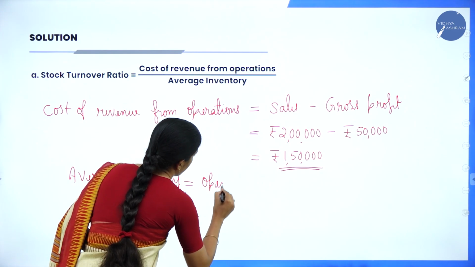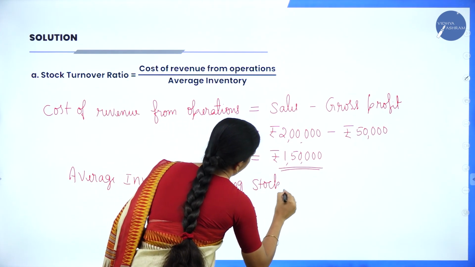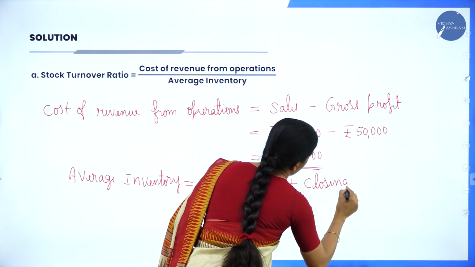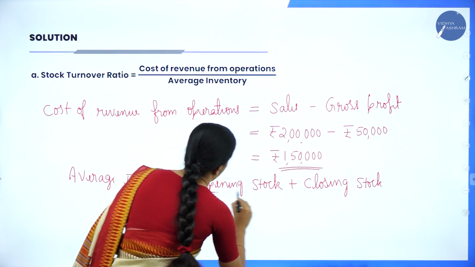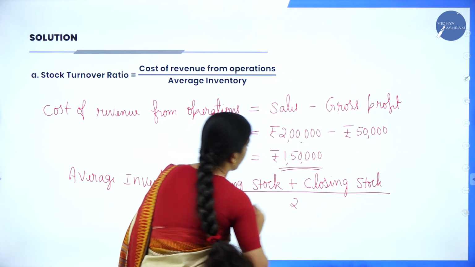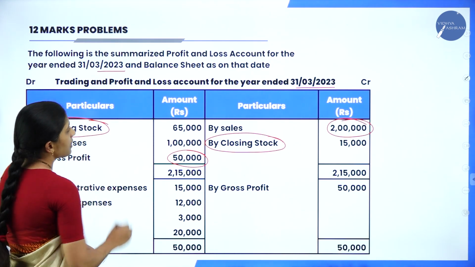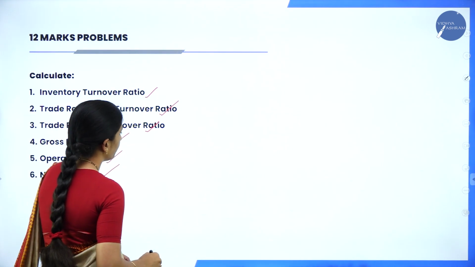Opening stock plus closing stock divided by 2. Okay, so what is opening stock? That is 65,000 plus 15,000 divided by 2.